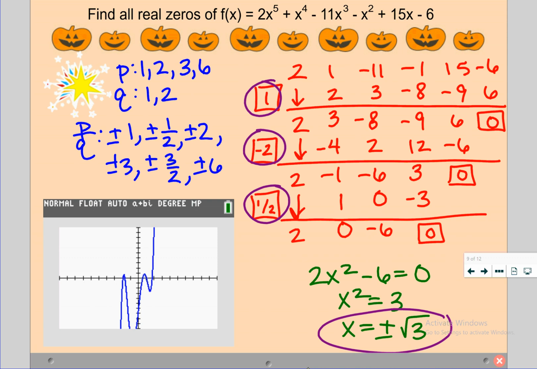So these numbers in the middle might look a little different because you're factoring out things in a different order, but you still end up, once all 3 are factored out, with these same numbers at the end. Okay, and as long as you're getting 0 each time, life is good. And then this one you don't need quadratic formula for. Square root of 3 is about 1.7. So positive 1.7, negative 1.7 are the extra zeros you're seeing on the x-intercepts there.